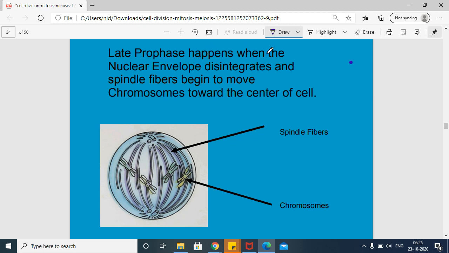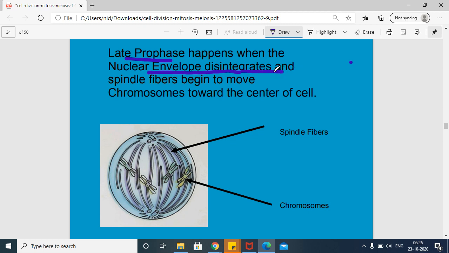Now, late prophase happens when the nuclear envelope disintegrates. What's the nuclear envelope? Where your nucleus is, there's an outer lining to it, that's the nuclear envelope, which is going to start disintegrating.